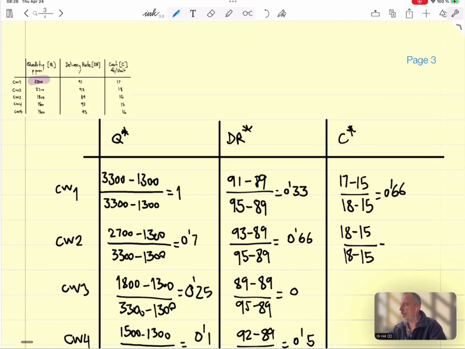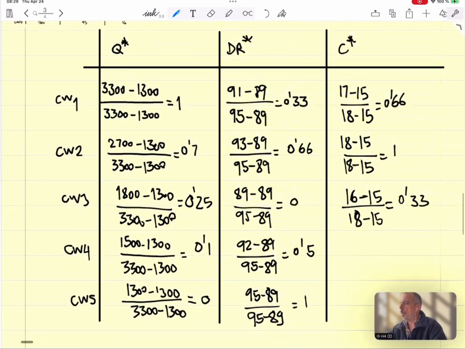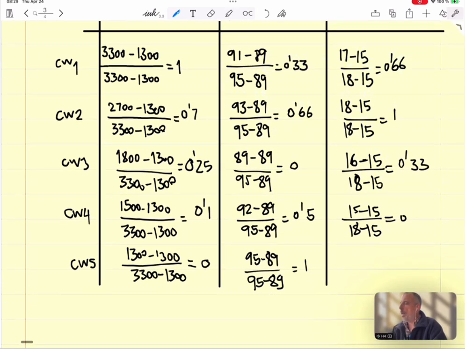So this delivers 1, very good. I do the rest: 16 minus 15 divided by 18 minus 15. This is 0.33. Then 15 minus 15 divided by 18 minus 15. This is 0. And 16 minus 15 divided by 18 minus 15. This is 0.33.